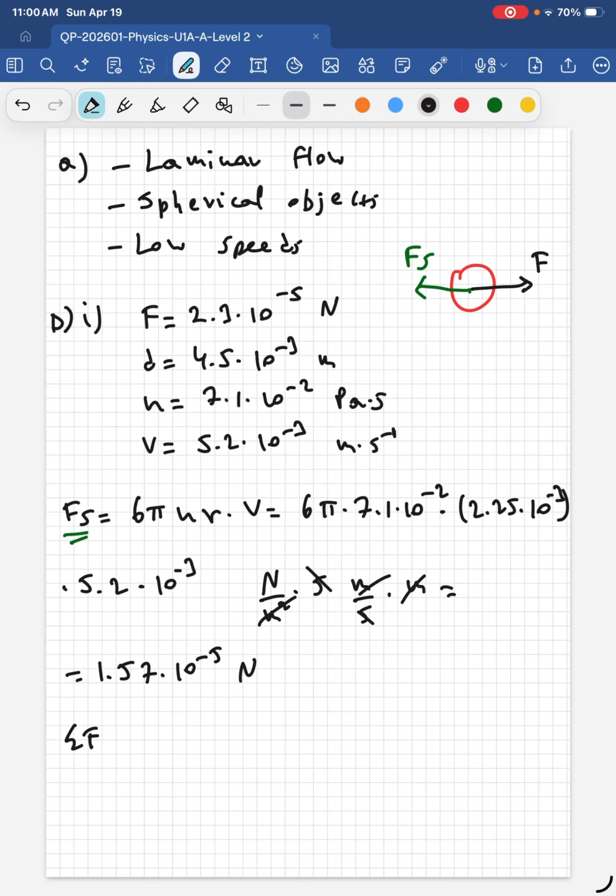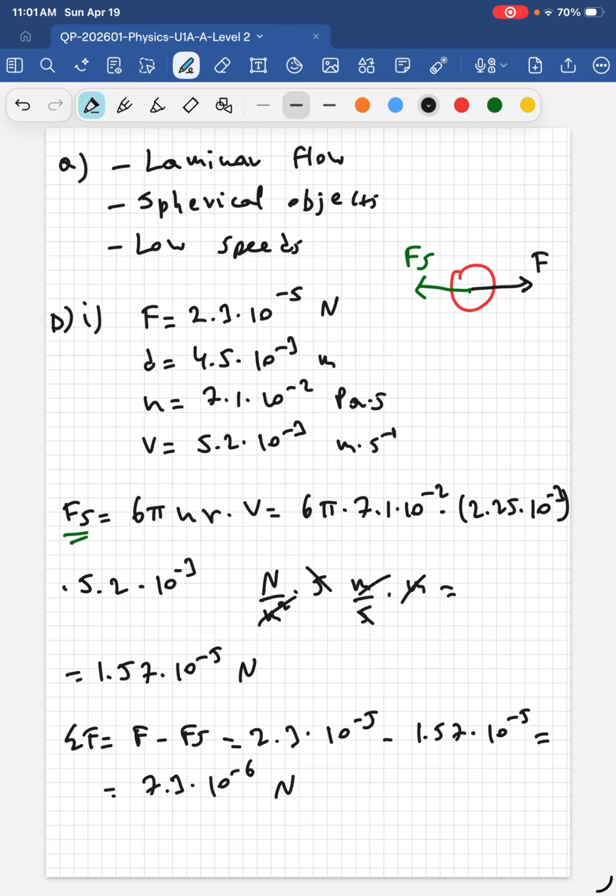Now sigma F is simply F minus Fs, and we take the positive direction to be the direction of motion. So 2.3 times 10 to the negative 5 minus 1.57 times 10 to the negative 5 yields 7.3 times 10 to the negative 6 newtons.